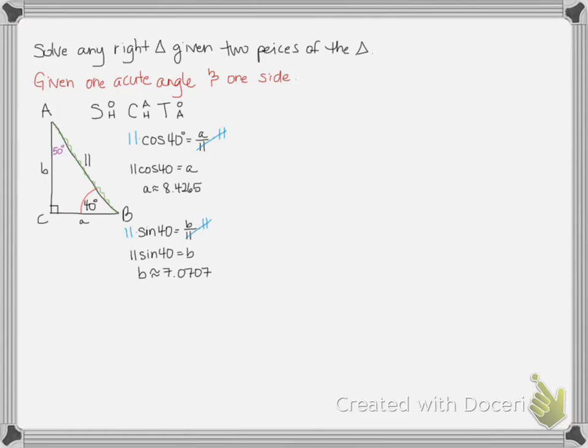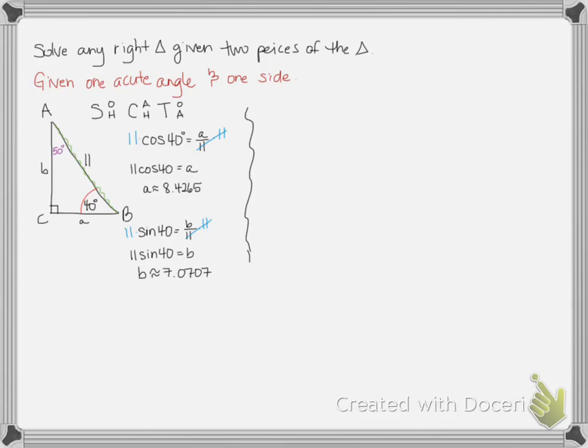Okay, so another problem that's going to look similar to this, but is going to have a different method. And I'll tell you why it's similar and why it's a different method in just a second.